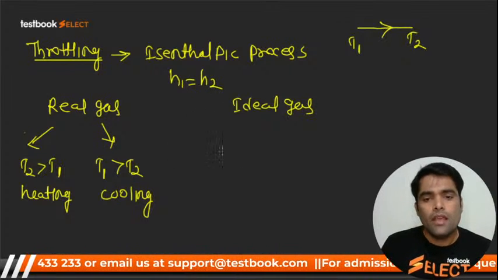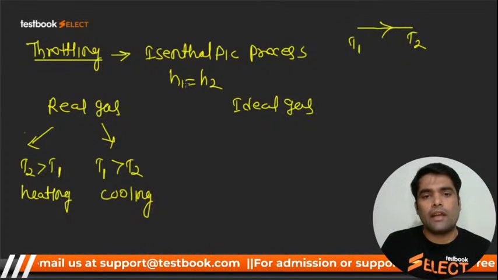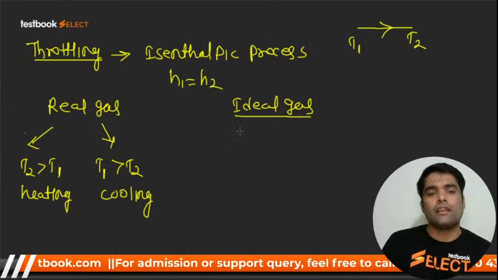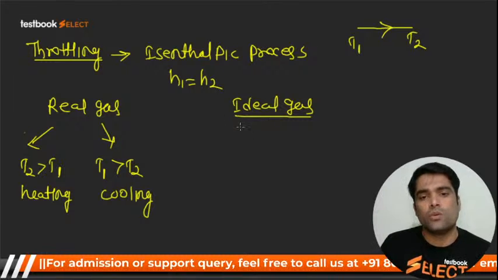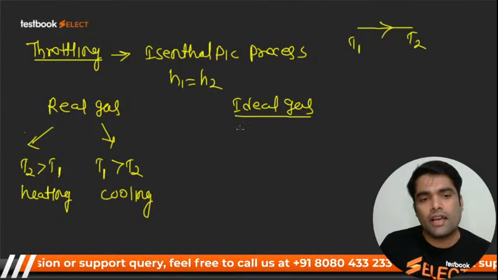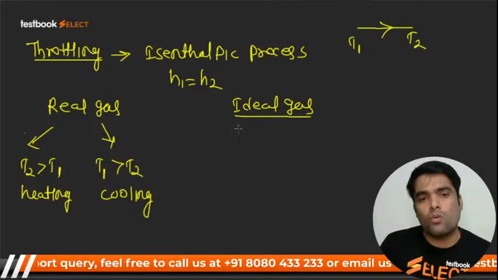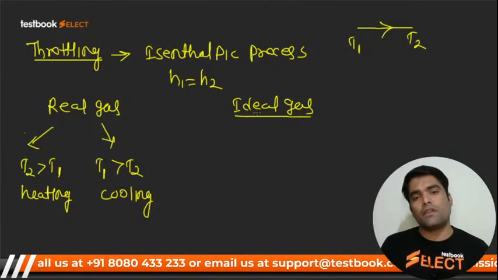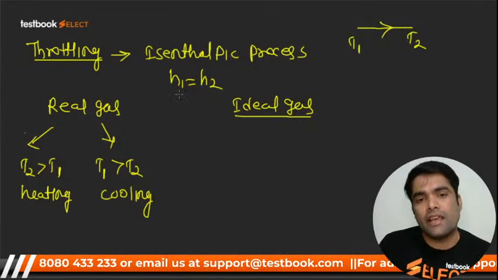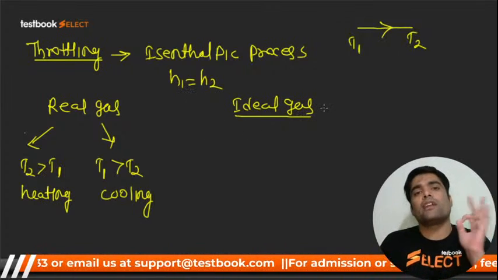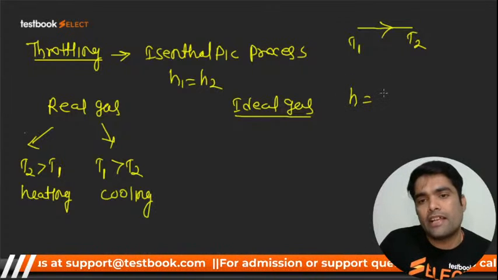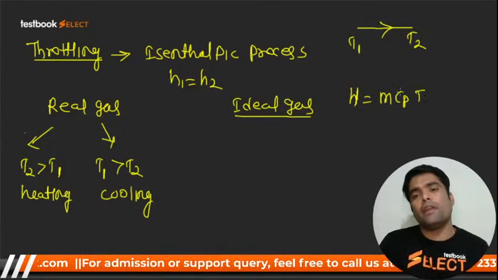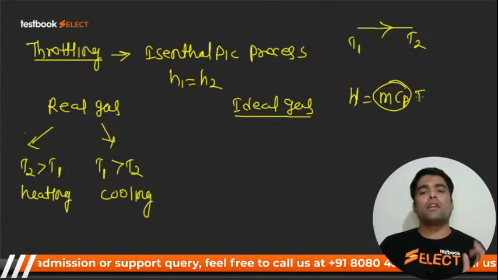And you know that H1 is equal to H2 for an ideal gas too, right? That means you should know that in an ideal gas, enthalpy is only a function of temperature, because we write H is equal to mCpT, and mCp is constant, so it depends on temperature only.